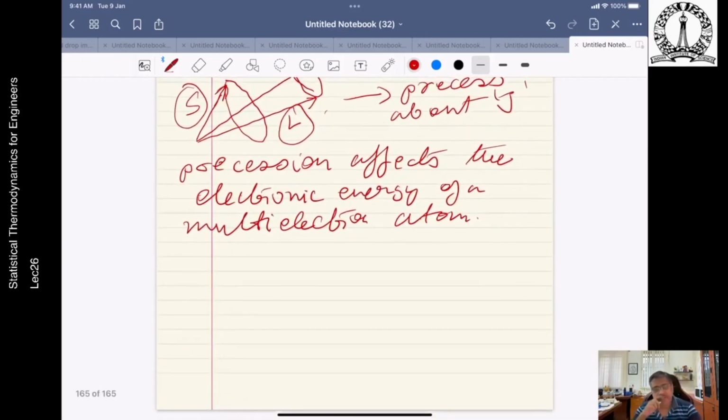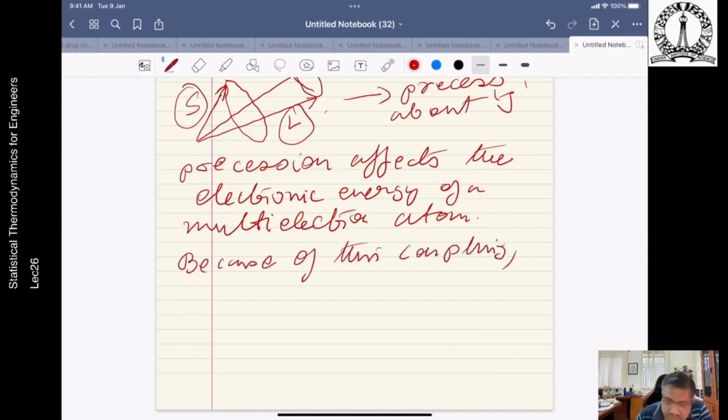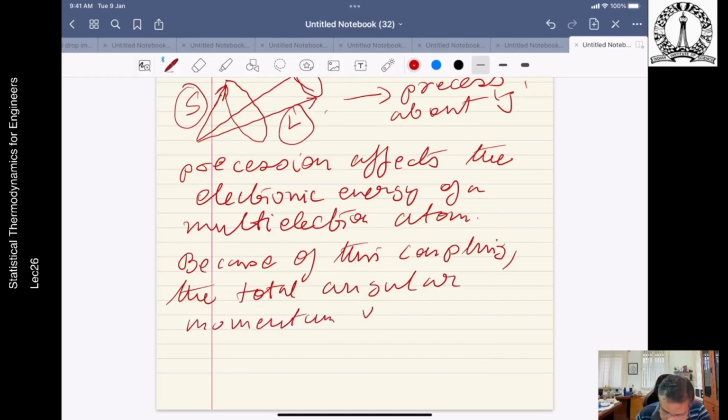Got it? So because of this coupling, the total angular momentum vector becomes quantized.